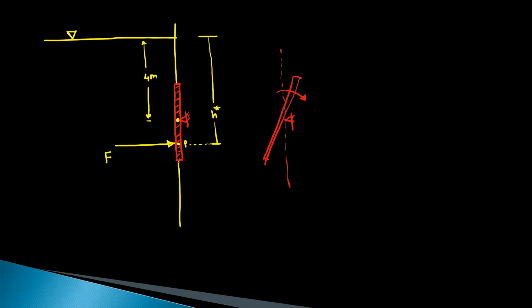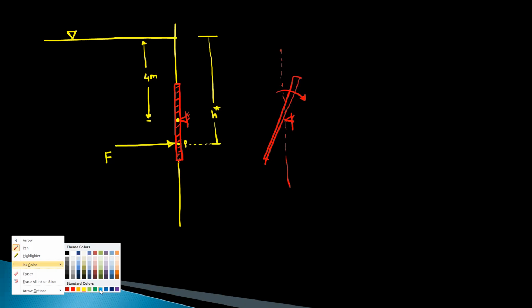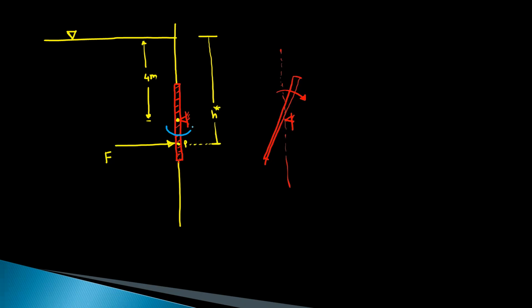Now this force will create a moment about this hinge point. Right now it is anti-clockwise. So I will write here the moment created by F about the hinge point, which I will assume to be O. This moment is equal to the force F into the perpendicular distance from the hinge point.